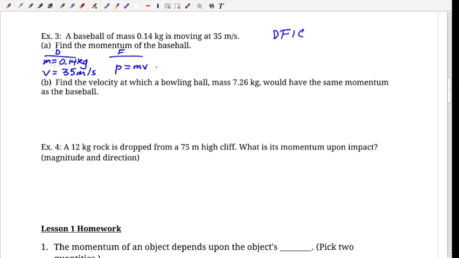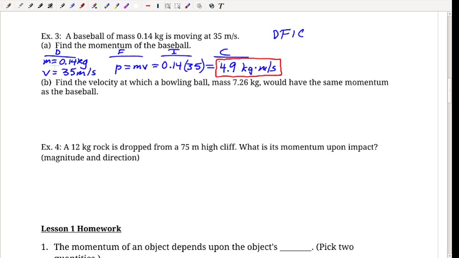Insert my numbers. Mass of 0.14 times speed of 35. If you plug that into your calculator, it is 4.9 kilogram meters per second. There's my final answer. So again, practice using DFIC.